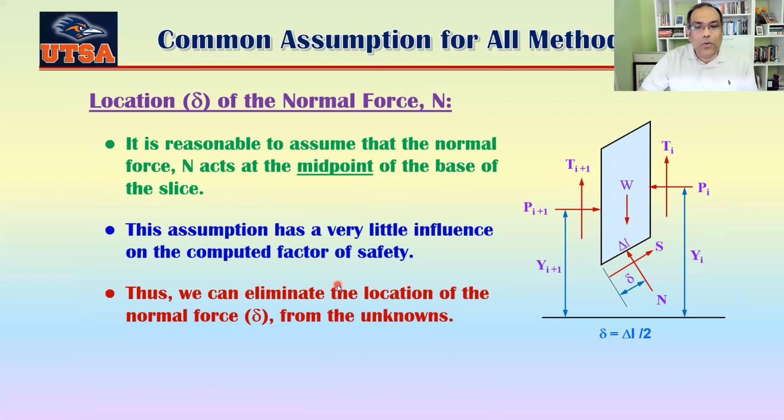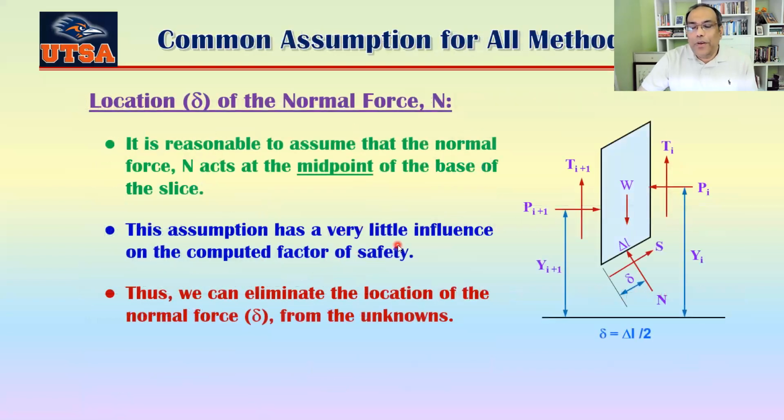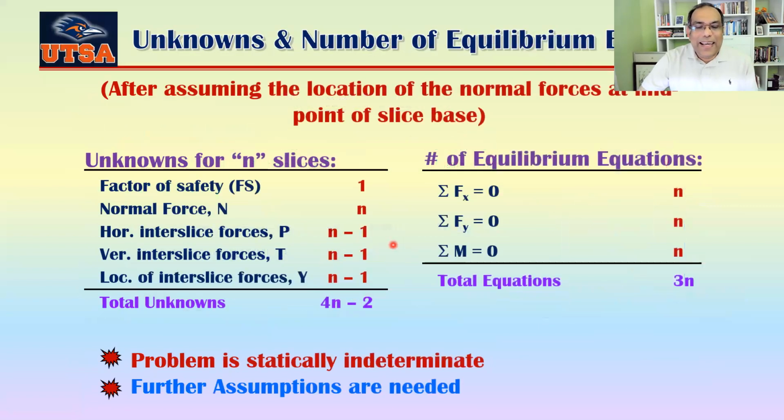Okay, so you can see here we had the location of interslice force that was n minus 1. So when we recalculate that, basically we get 4n minus 2. I made a mistake here, this is the location of interslice force, that's fine, this is n minus 1.